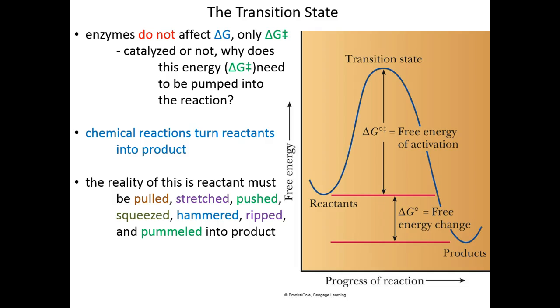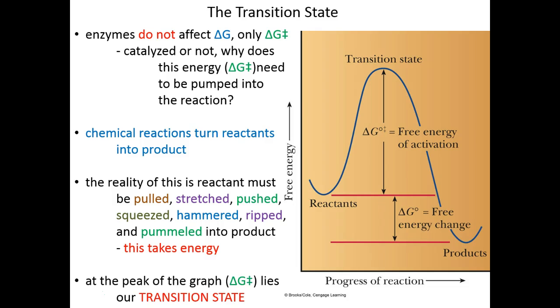These molecules are being heavily distorted and manipulated so that they can be changed into something else. All of those things, pulled, stretched, pushed, squeezed, hammered, pummeled, and ripped, require energy. That is work to do.